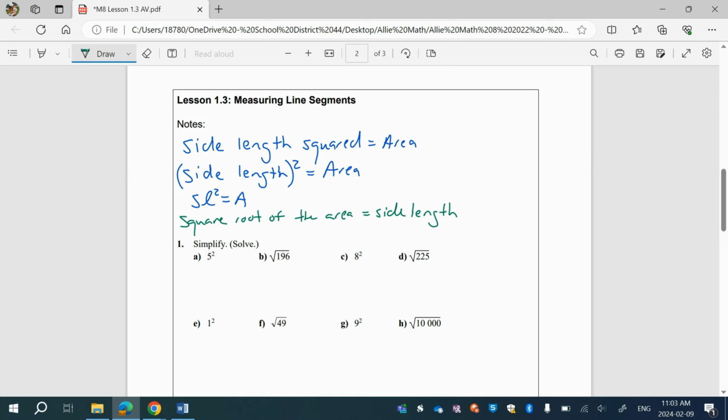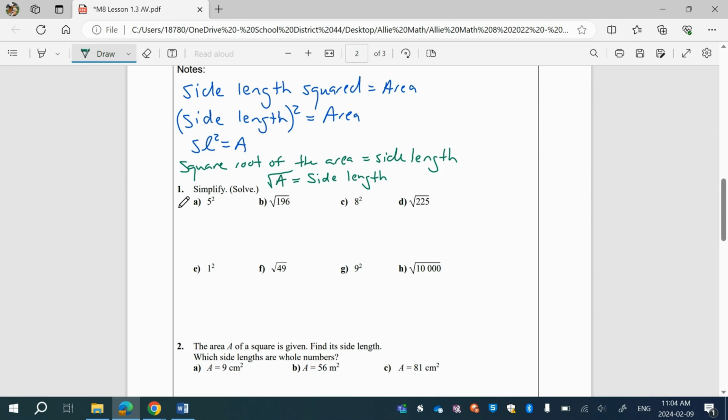And I'll show that with symbols as well. So the square root of the area equals the side length, like that. Okay, so that's all the stuff I would like you to write there. I'll give you a second to write it down.